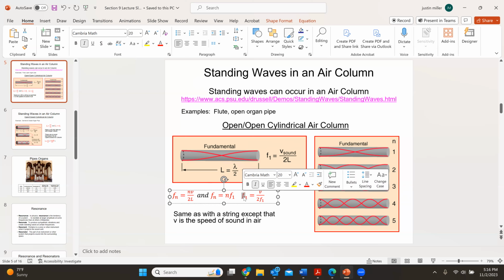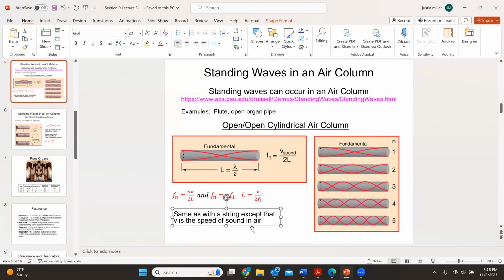So this is our L. L is going to be equal to this right here. It's going to be the speed of sound in air divided by the quantity of 2 times the fundamental frequency. So that would be the length of the tube when you're utilizing the open sound file.